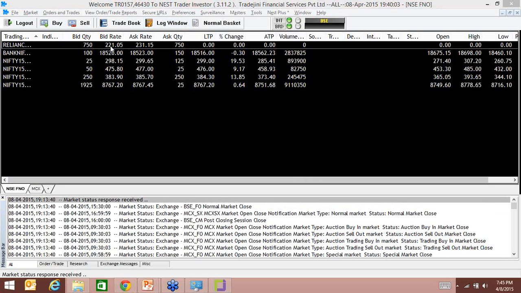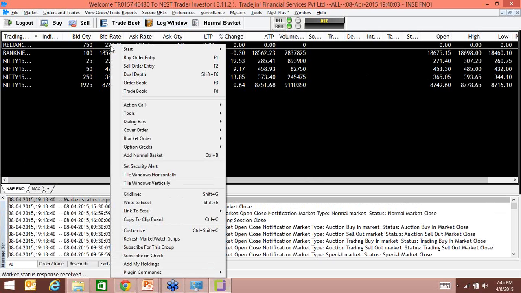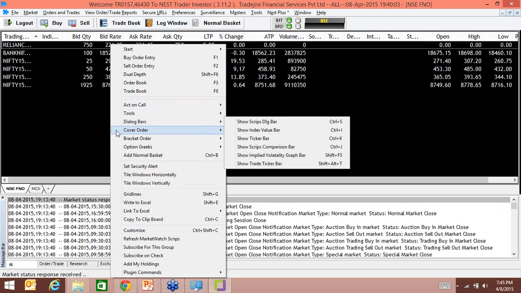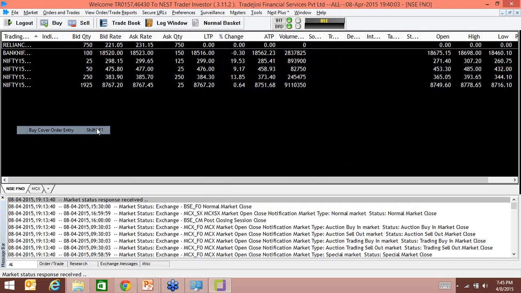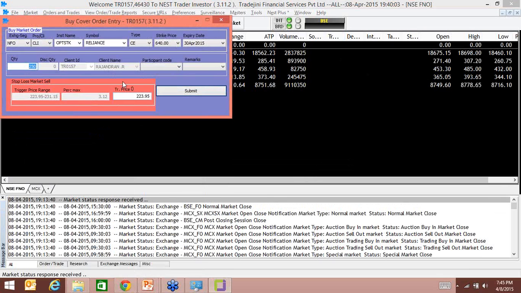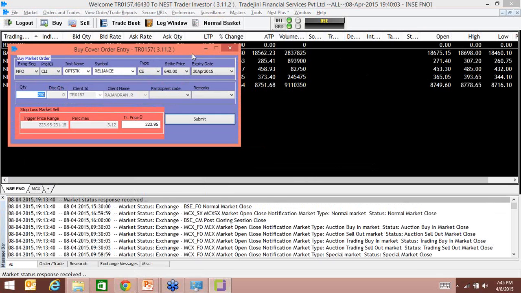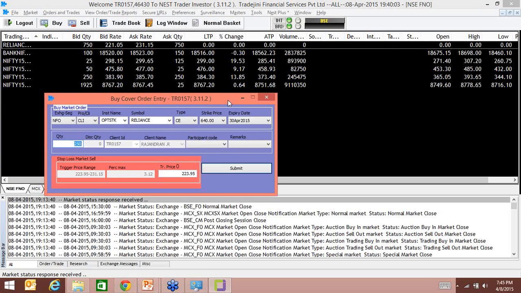So for, let's say, a cover order, go to the stock. Suppose we want to enter a buy cover order. If you say Reliance, it is automatically selected. Call option, strike price, whatever it is. Quantity, right?